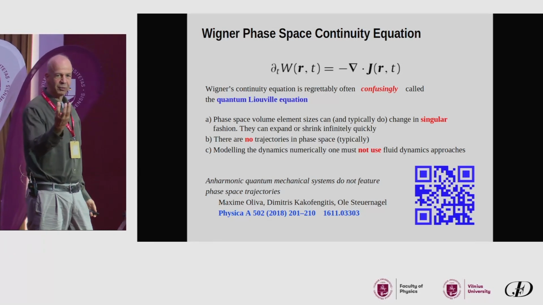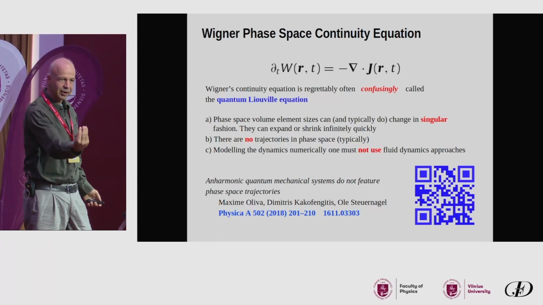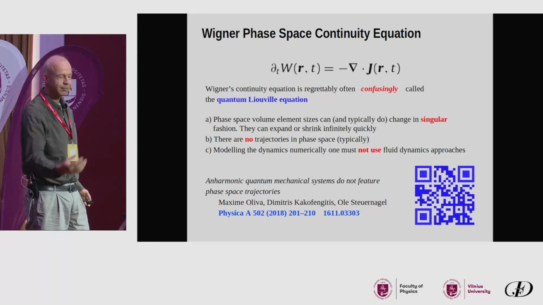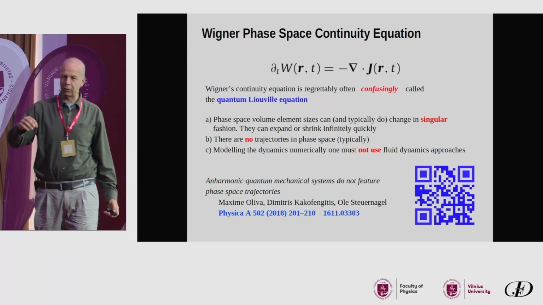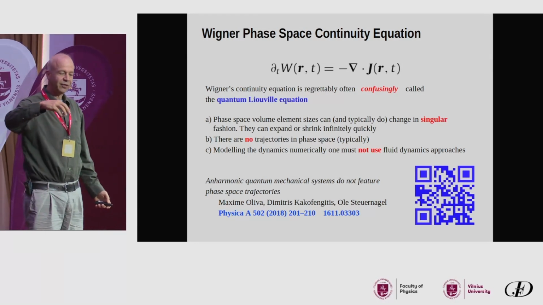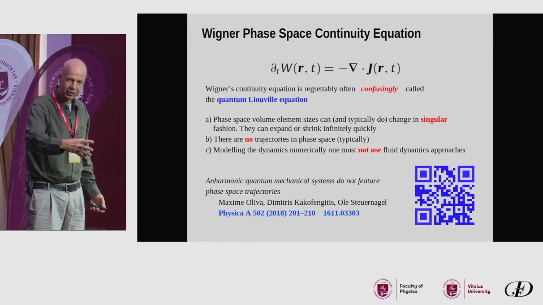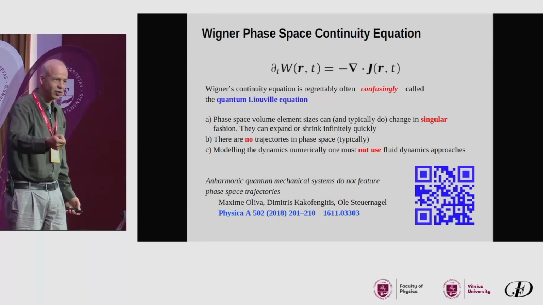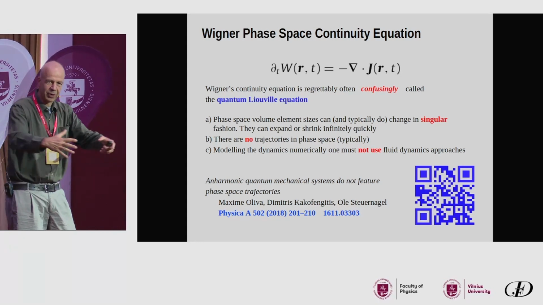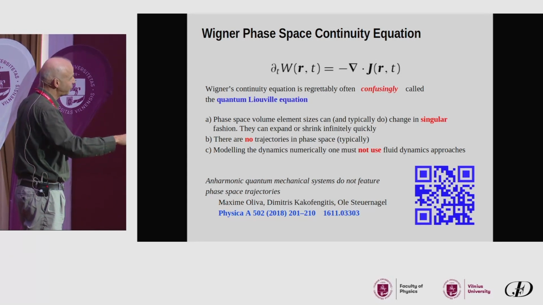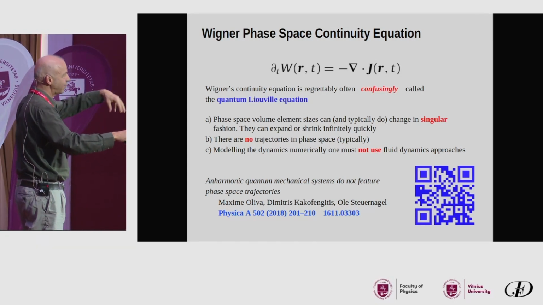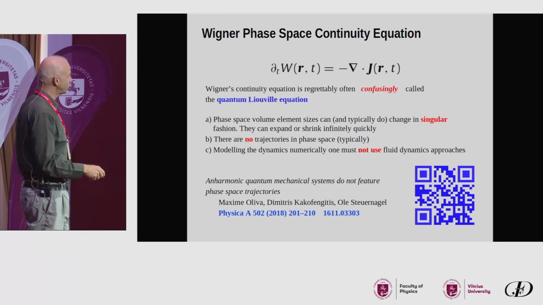Finite phase space volumes can disappear infinitely quickly or pop out of nowhere. When you think that through a little bit, it's actually quite intuitive. The Wigner distribution has to be able to develop negativities, and this is catastrophic change. So it's not just a dilution or contraction of phase space, it changes sign, and that implies that the phase space volumes have to be able to singularly change.